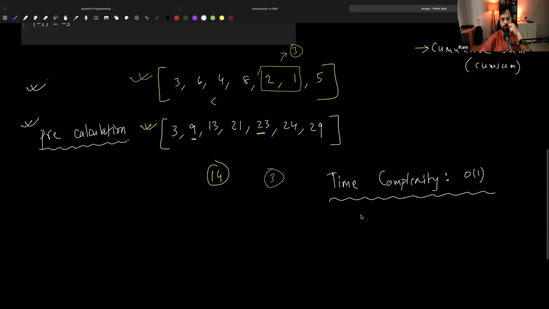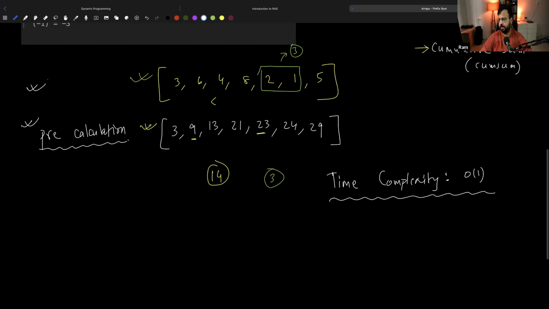What is the meaning of O of 1? O of 1 is constant. It's a one-time calculation, right? Constant time. What does constant time mean? For whatever operation we perform, it will always take constant time. Correct? So is it not constant time?